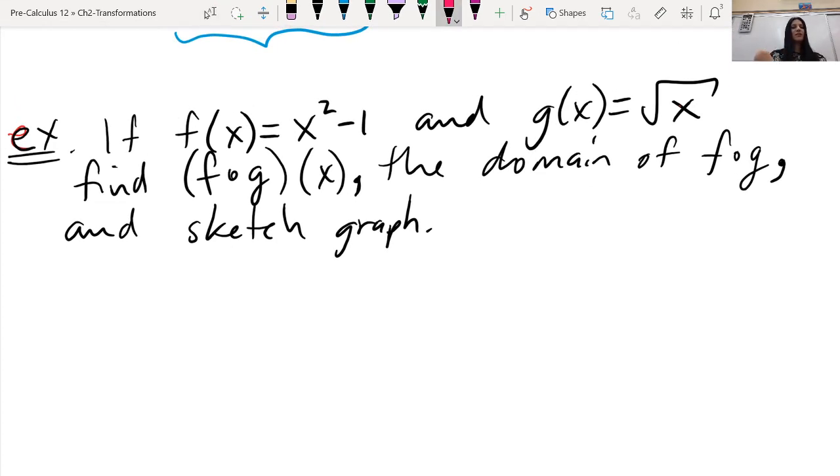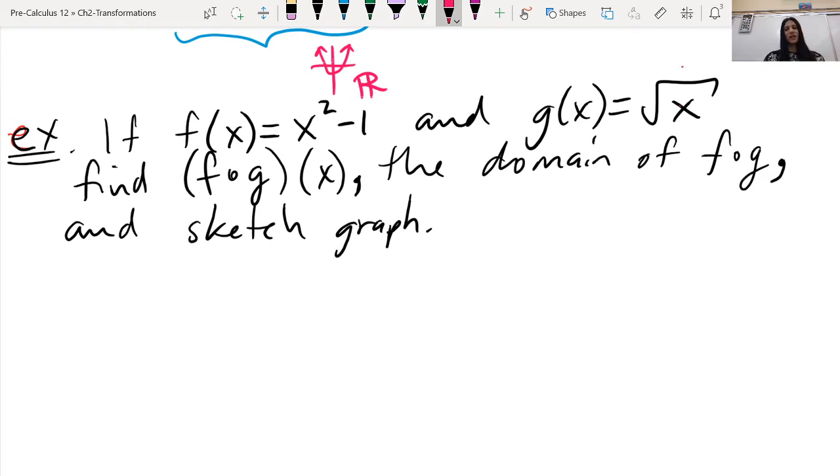If we just have x squared minus 1, that's just a parabola that's been moved down. We know that by looking at it, and you don't have to necessarily sketch this out, but we know it looks roughly like that. And so if we're looking at the domain, we know from past experience the domain of that is just going to be all real numbers because those arrows come out slightly on either end.